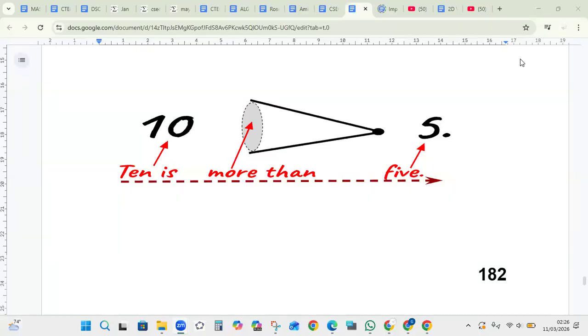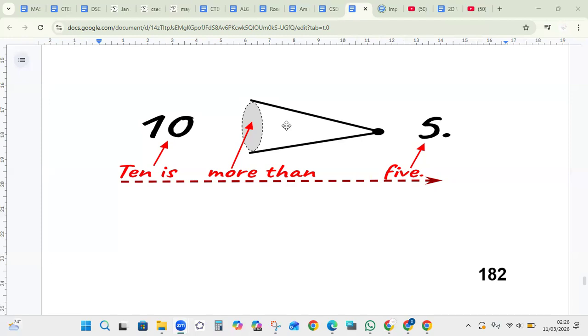So here's the symbol in a mathematical statement. When we see this symbol, we say 10 is, and we are going from left to right because this is the direction we normally speak and read in English. We must start from the left side and go towards the right side.